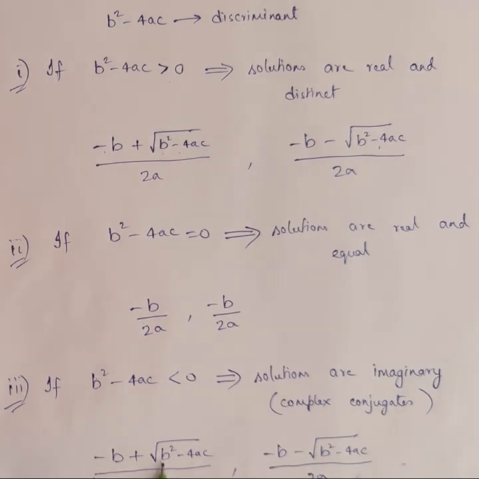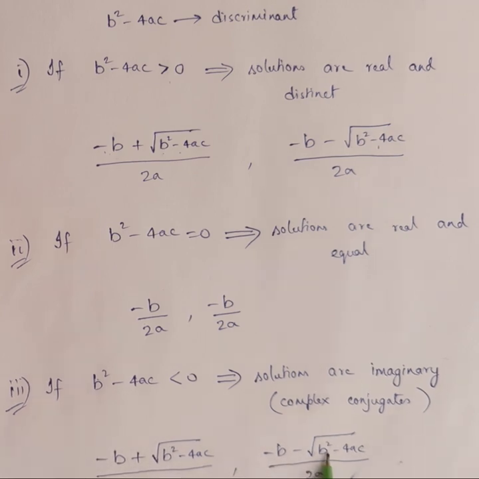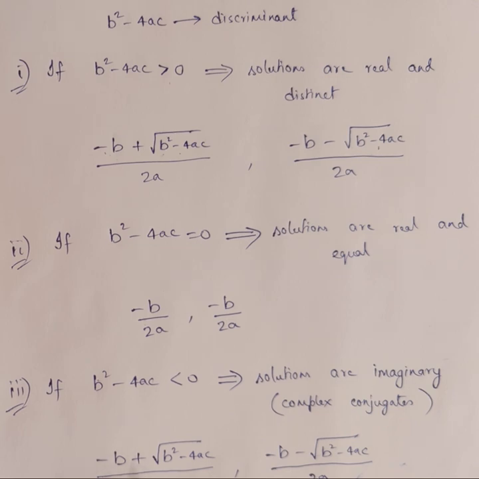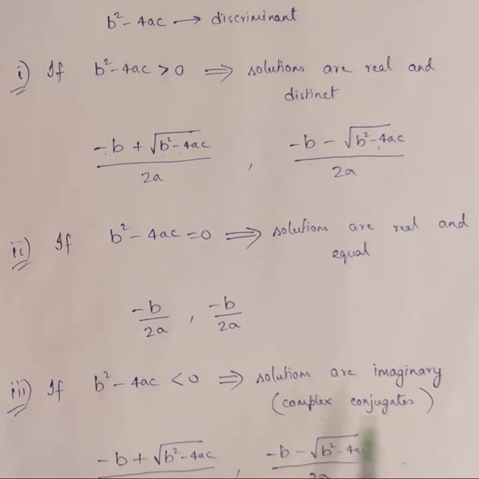The fact that b squared minus 4ac is negative tells me that the square root will be imaginary. But notice, these denominators are the same. The numerators are again just, one would have a plus, the other would have a minus. So that's why the solutions are going to be complex conjugates. Now we'll do some examples and then you can see.